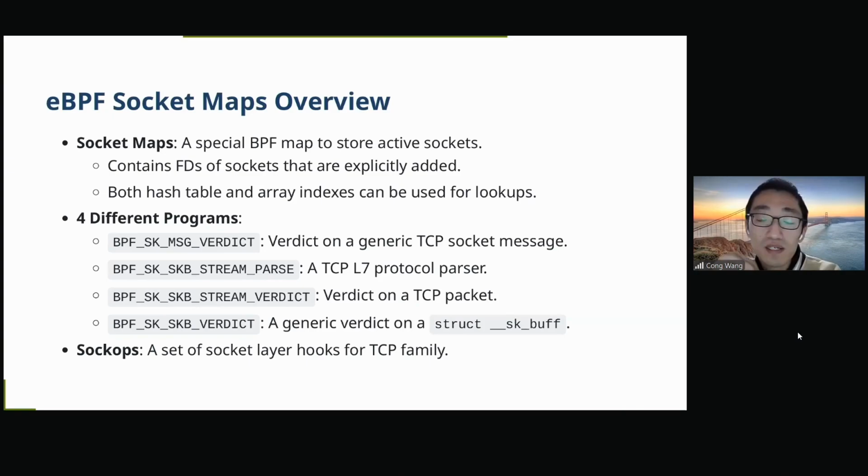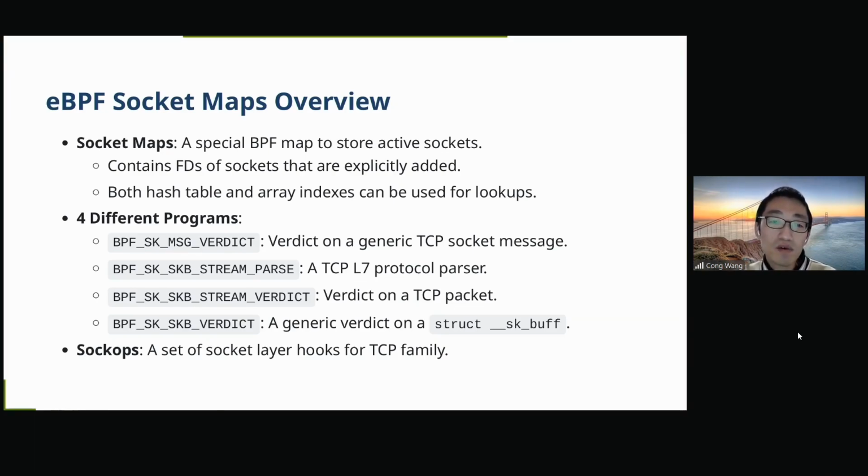And the second type of program is the stream parser. This is very useful. This is the TCP application protocol parser. With this program, we could parse the application protocol, like HTTP, FTP, this kind of protocol, within the kernel. So this is very powerful.